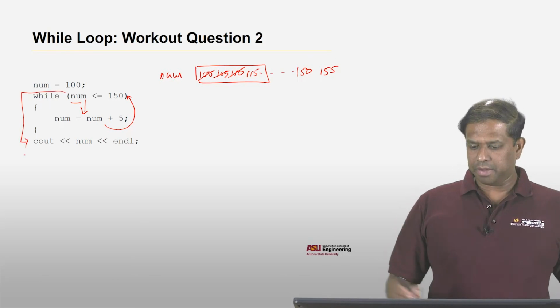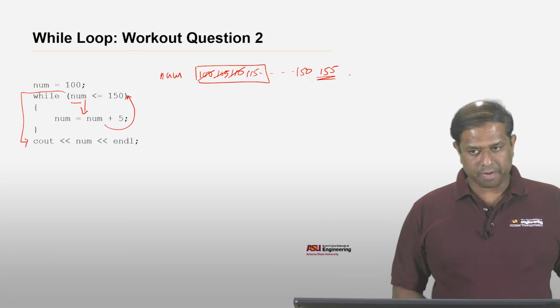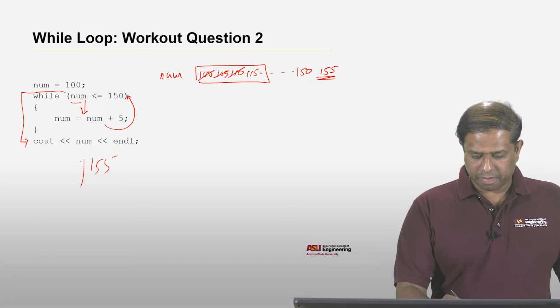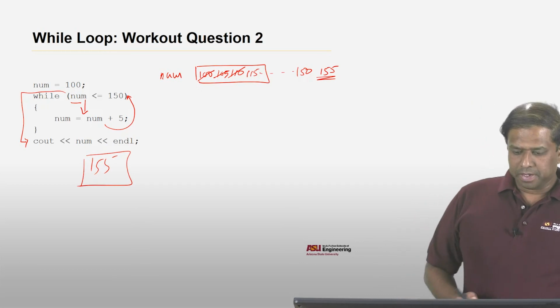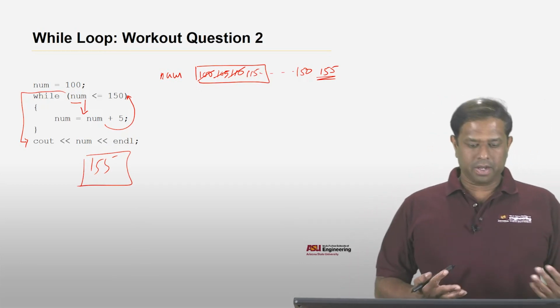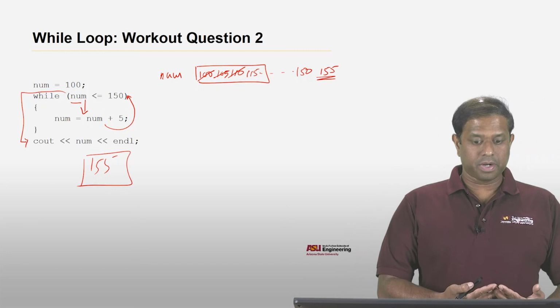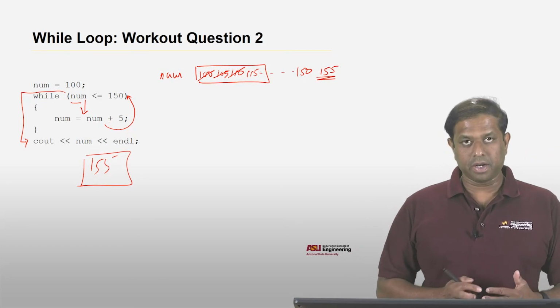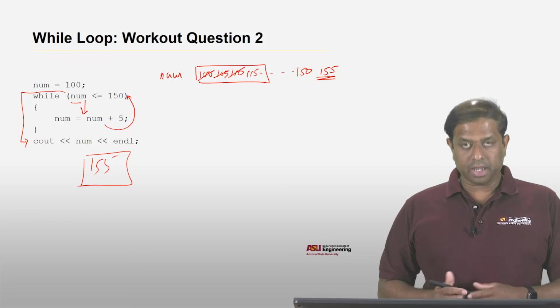So at that time the value of num is 155, okay? So then the output for this one is going to be 155, right? So determining the final value of the loop control variable after exiting from the loop is extremely important in a repetition of this nature.